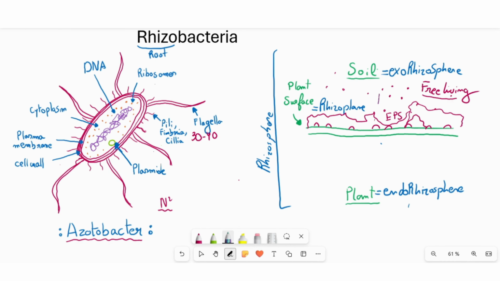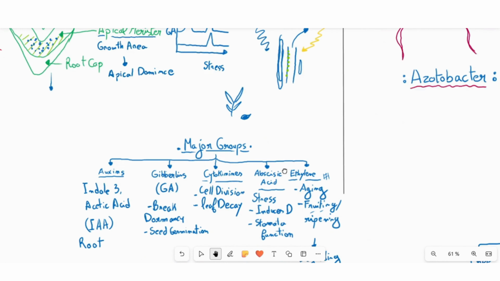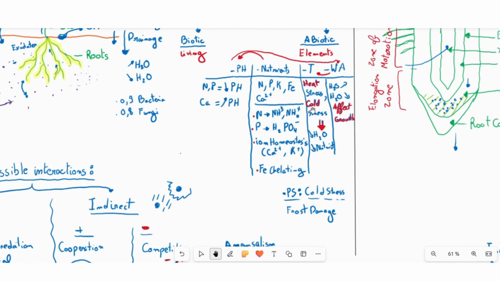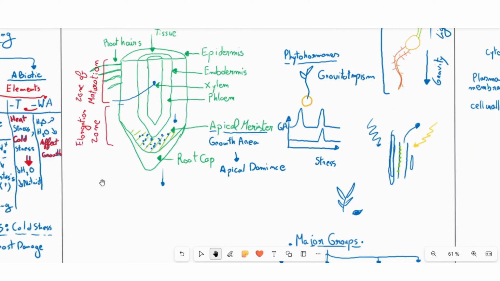So if we have a pathogen over here, it wants to cause disease, maybe it can cause frost damage, right? Some, by stress, can cause frost damage.